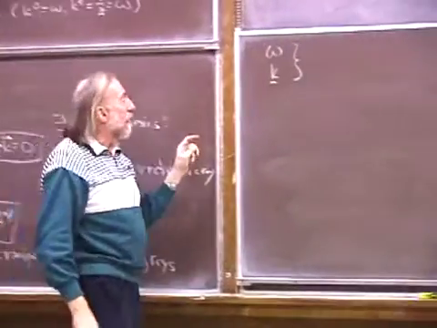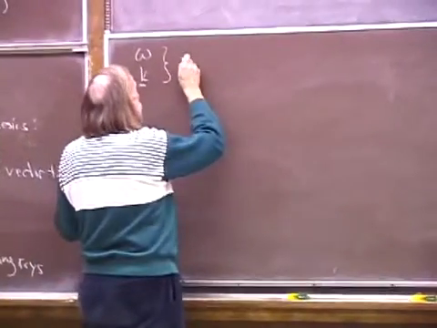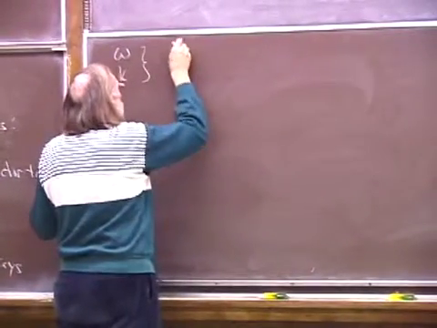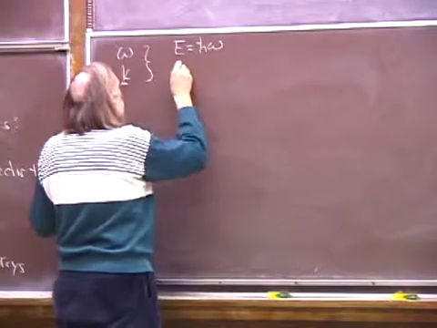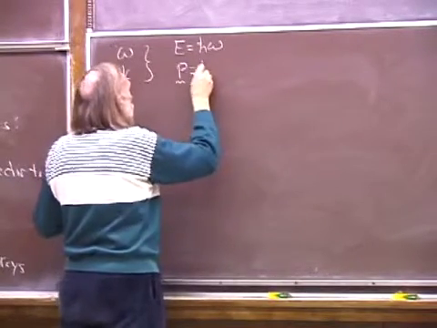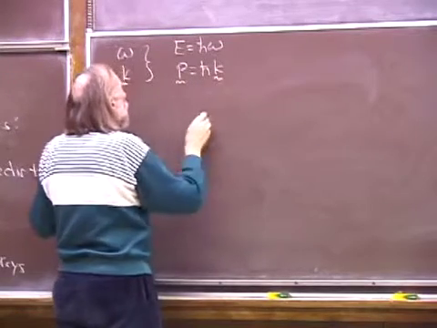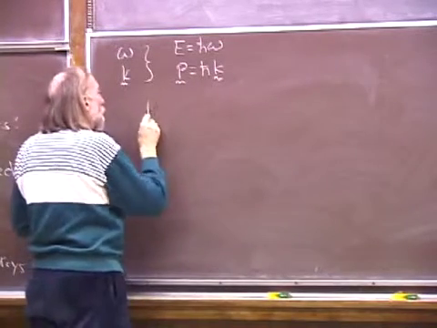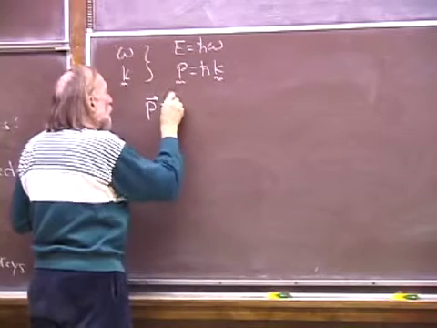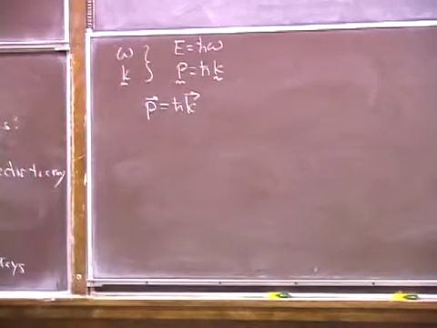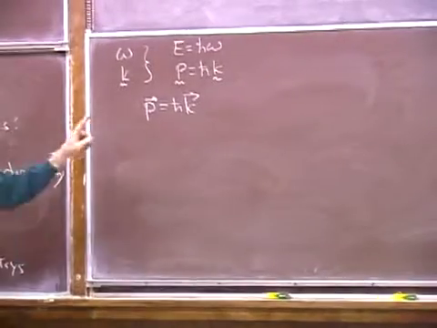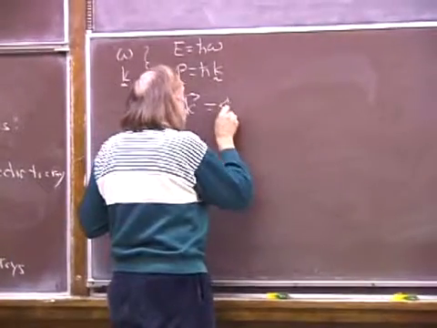In quantum mechanical language, when you quantize this wave, you have an energy for the quanta equal to h bar omega, and a momentum for the quanta equal to h bar k. And so in 4-vector language, you have a 4 momentum for the quanta that is h bar times the 4-dimensional space-time wave vector. That's the 4 momentum of a quantum.